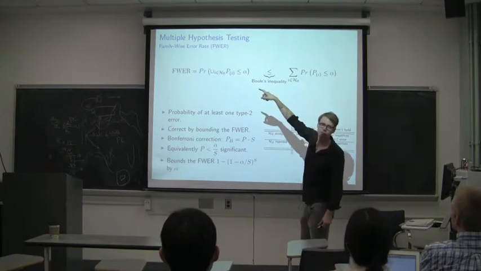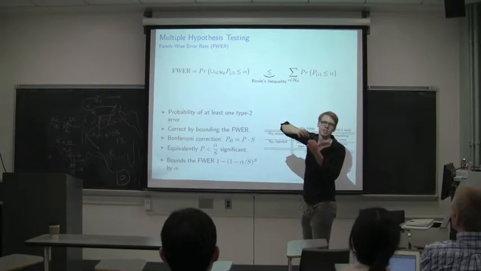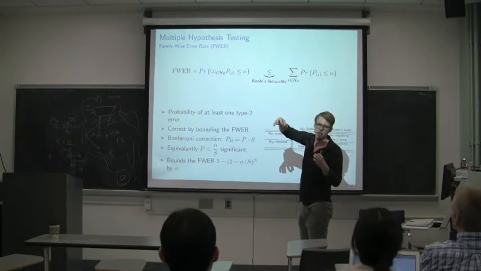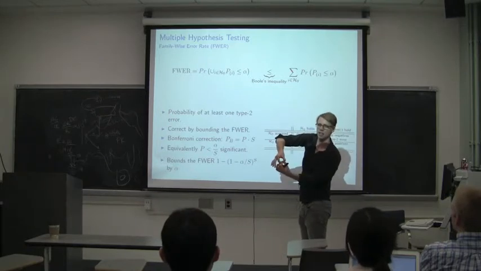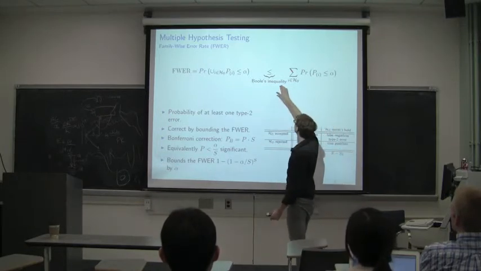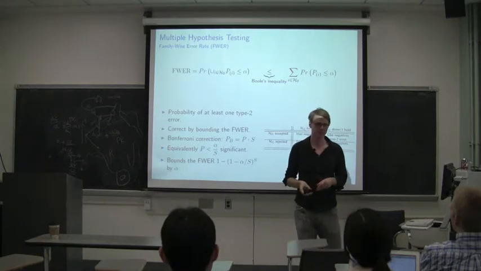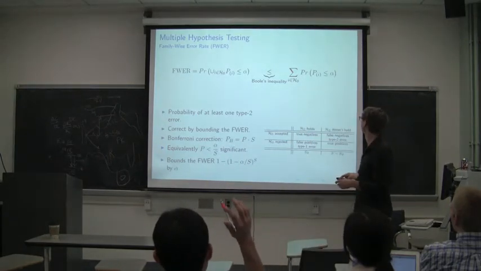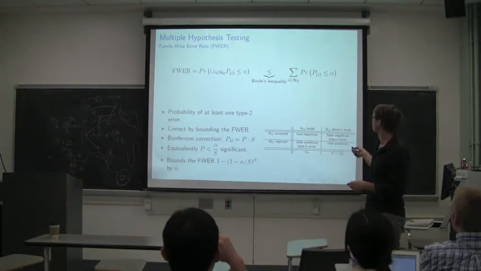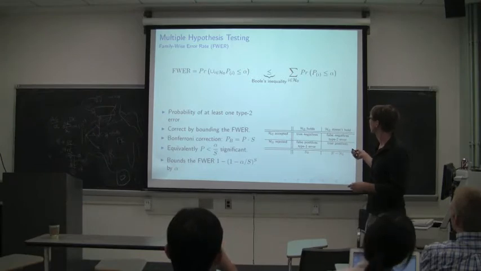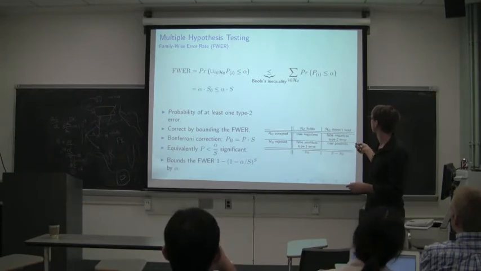It would be equal if all the events are disjoint, but if they are overlapping, then the union is smaller, right? So this is Boole's inequality.